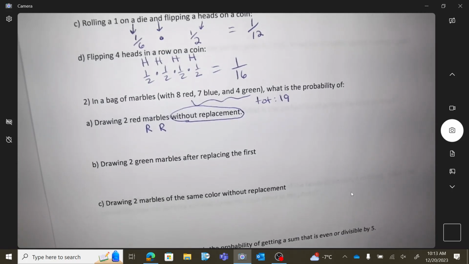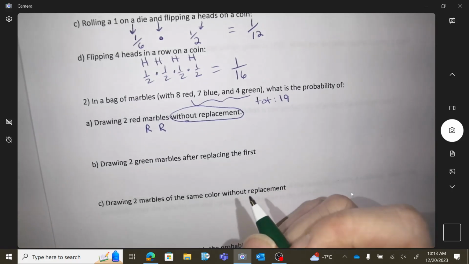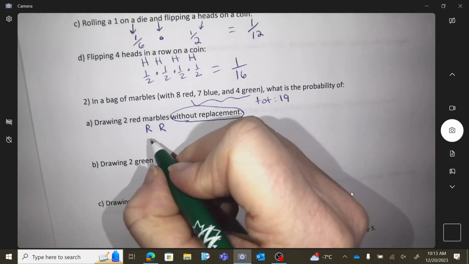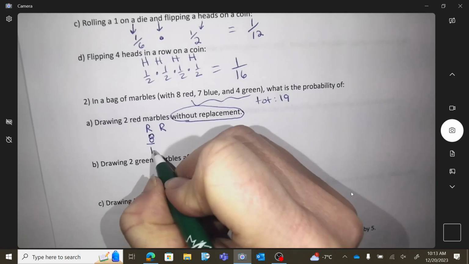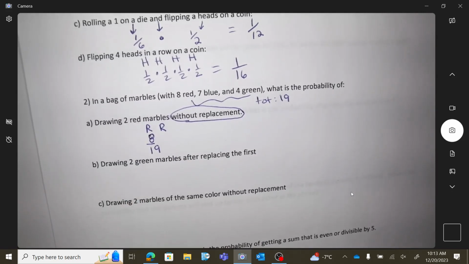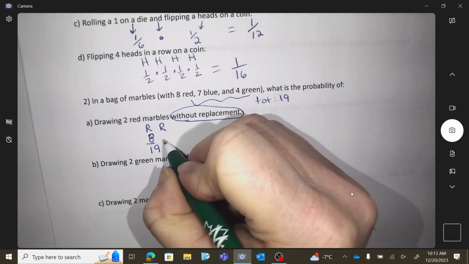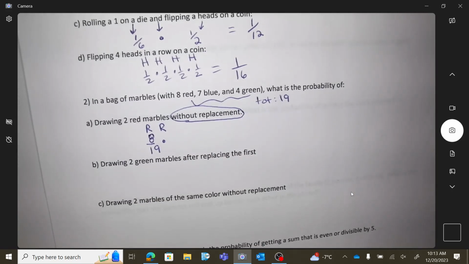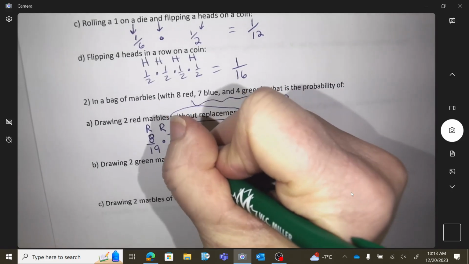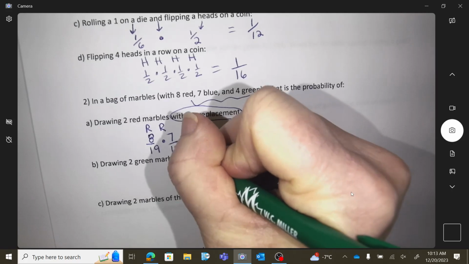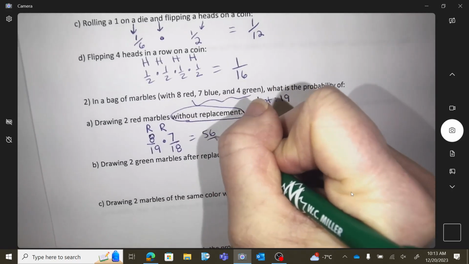So we put it in our pocket and then we draw again. So red, would you agree that's 8 out of 19? Times, right, because you're doing this and that. So we didn't replace it. So now this would be 7 and this would be 18.